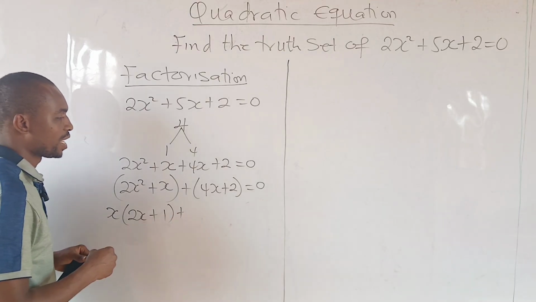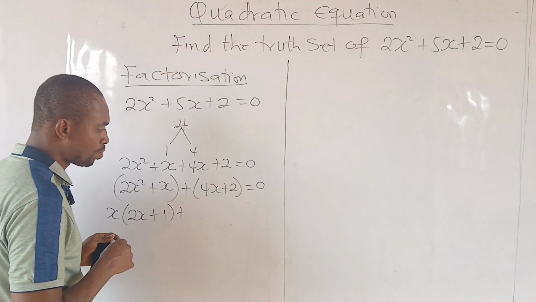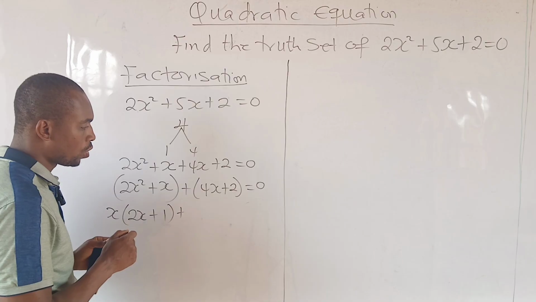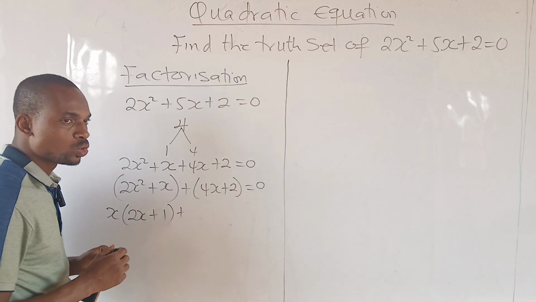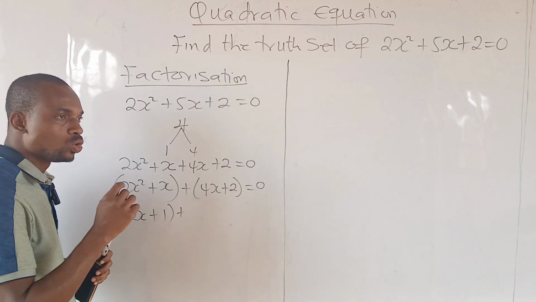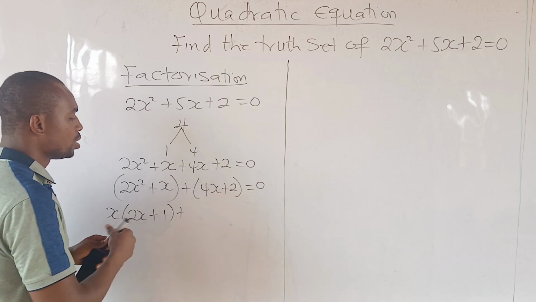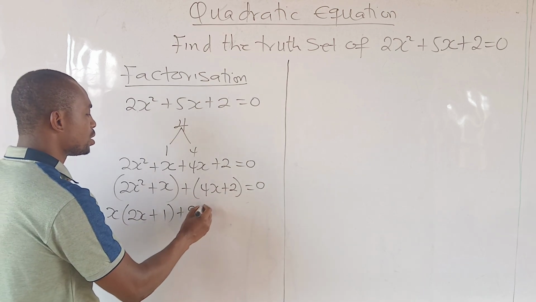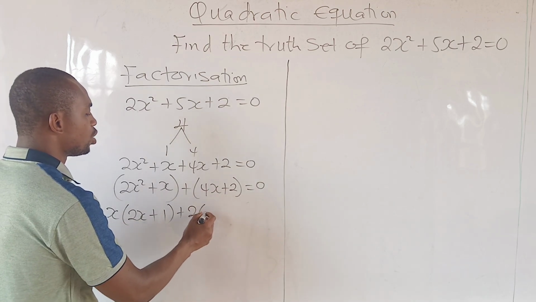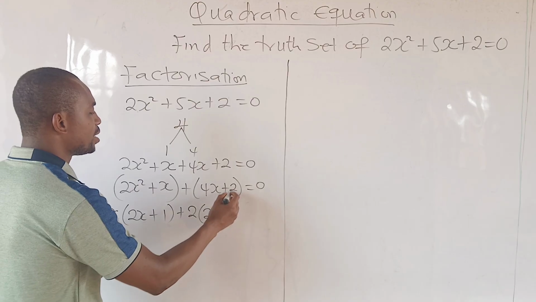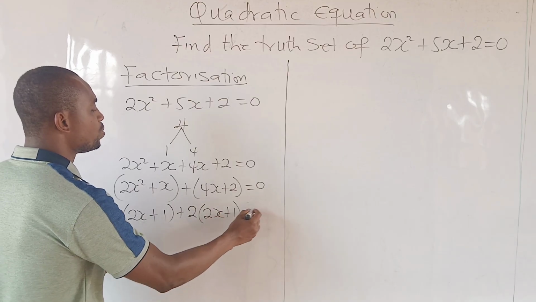Bring your plus here. You see that 2 can go into 4, and 2 can go into this 2. So it means that 2 can be a factor. So you factor 2 out, leaving 2x here, and here will remain 1, equal to 0.